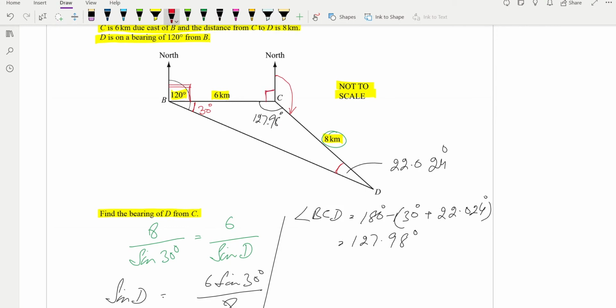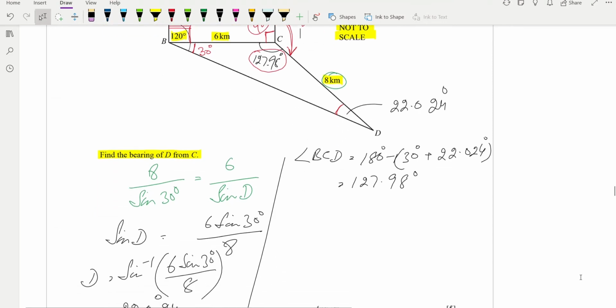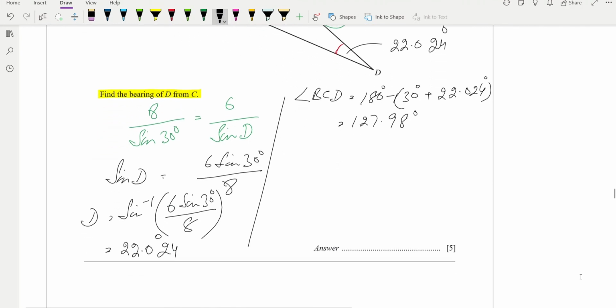Now this angle is 90 degrees, so to calculate the required angle, we will subtract from 360 this 90 and this angle. These two angles we subtract, and we will get the required bearing. So we write bearing of D from C is equal to 360 minus, in brackets, 90 plus 127.98 degrees.